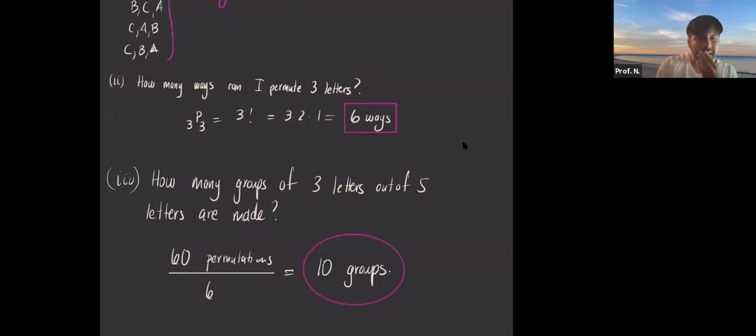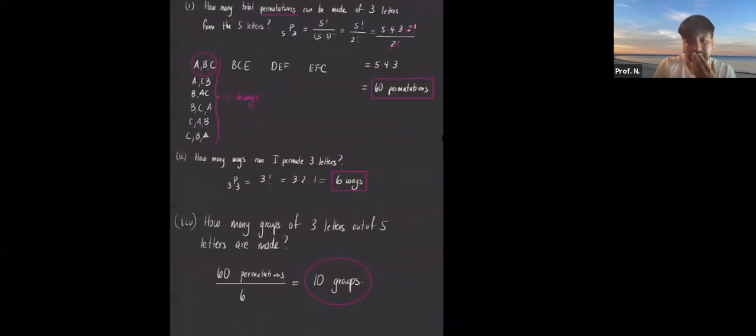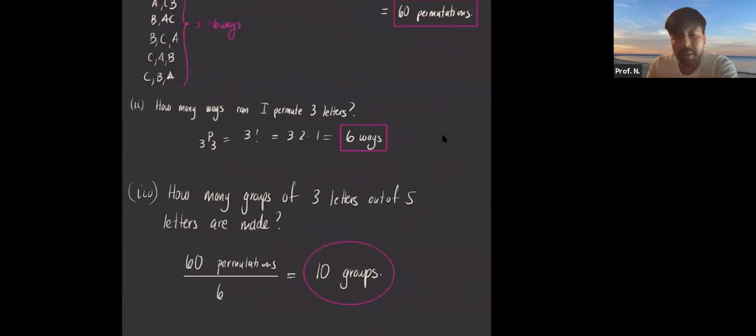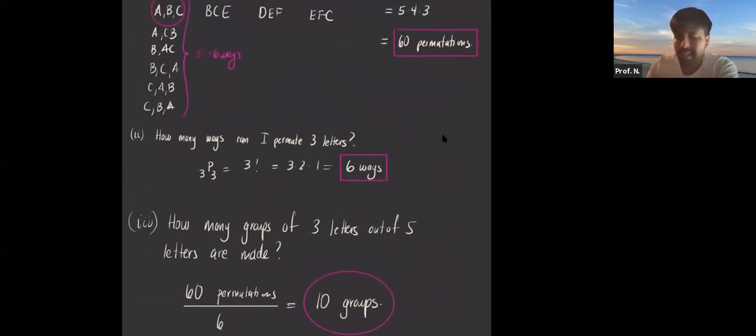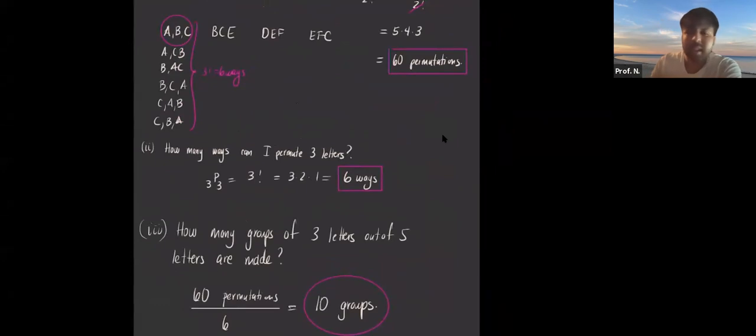It may take some time to think about this and for it to make sense. Essentially, why am I dividing by 6? That's really the question. How is that related to the 60? It goes back to what a combination is. A combination is just a group.